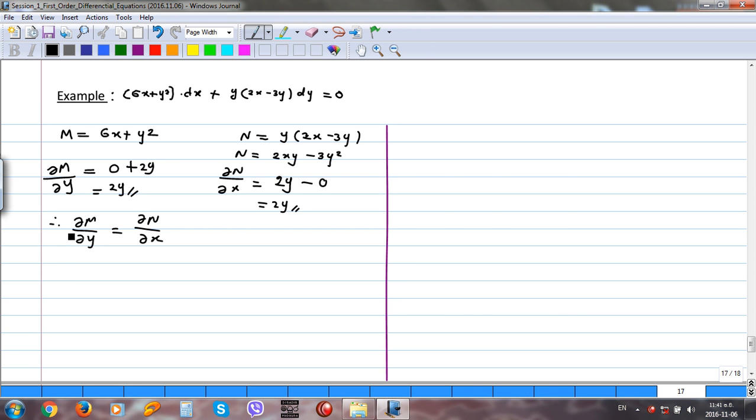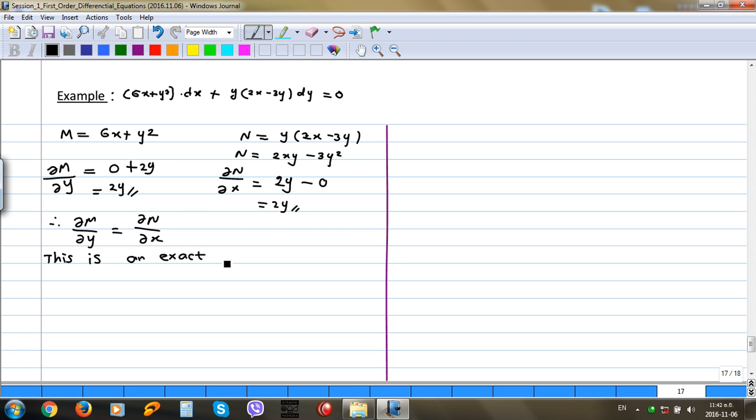Therefore we can write, this is an exact equation, and we can write the solution also.